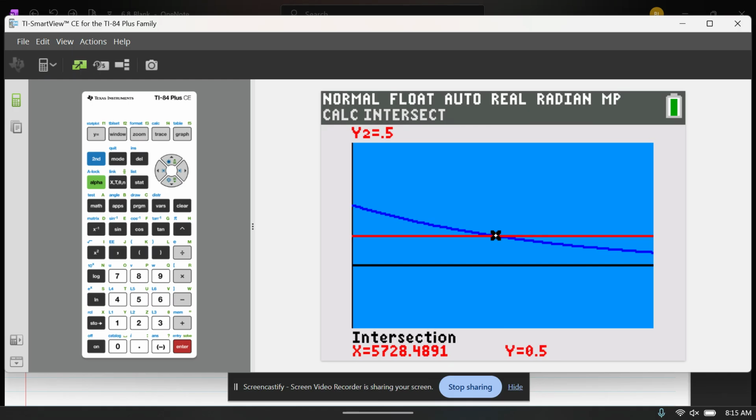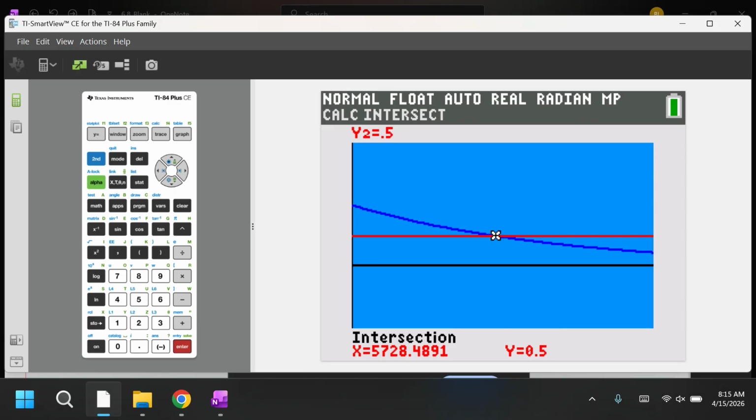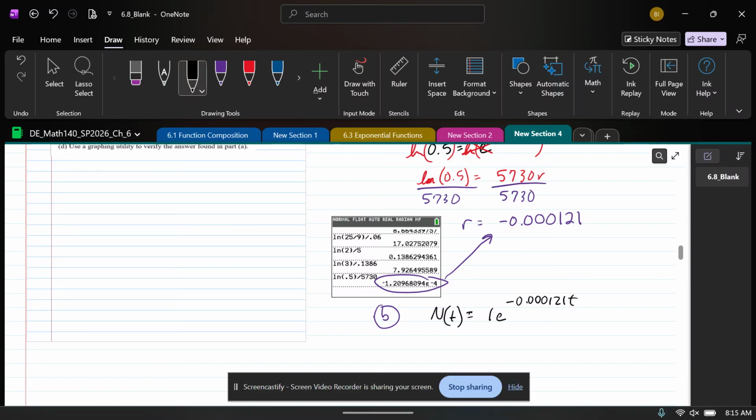That's really close. Okay, so because I rounded it off, we lost a little bit there, but in the grand scheme of things, if we're off by a couple of years, over 10,000, that's probably not bad, right? We're not going to be perfect on that. So 5728.48. So C part, 5,728.5.